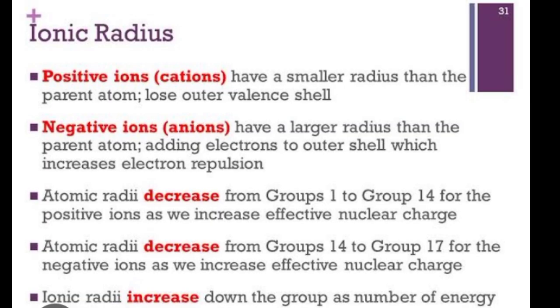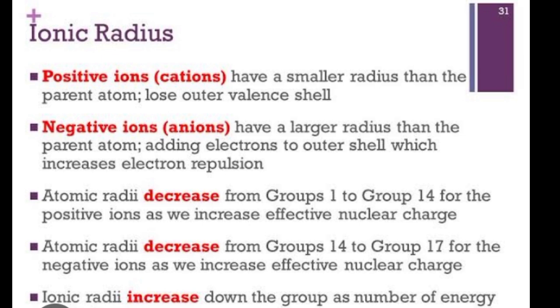The summary of this topic is that, regarding ionic radius, positive ions have a smaller radius than the parent atom, since they are losing their electrons and also their shells. Negative ions, the anions, are the electron attractors. Since they keep adding electrons to fulfill their outermost shells, their ability to attract electrons increases as we move ahead to the non-metals.